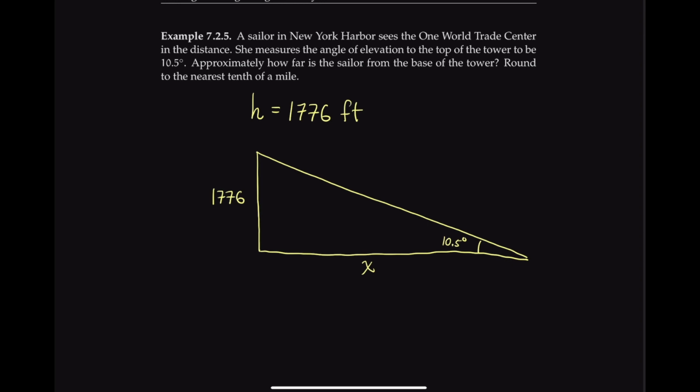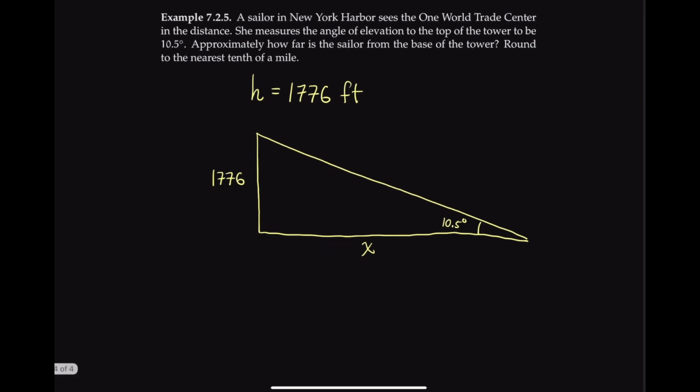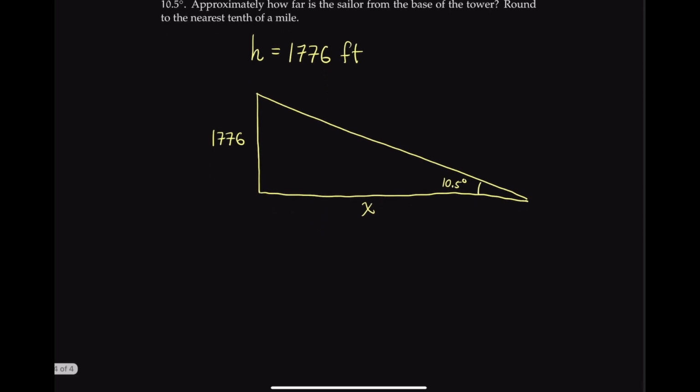Now actually measuring that might be a bit of a challenge, but since she knows the height of the One World Trade Center and she knows the angle of elevation, now she can compute that using the tangent function again. So she's going to say what? The tangent of 10.5 degrees is equal to the opposite side, which is the height, divided by the adjacent side. So 1776 divided by x. Notice again, we use tangent because we looked at this and we saw we have the angle, we have the opposite side, we want to find the adjacent.